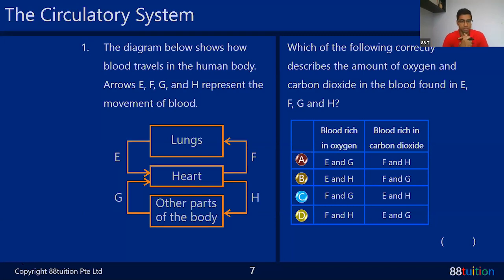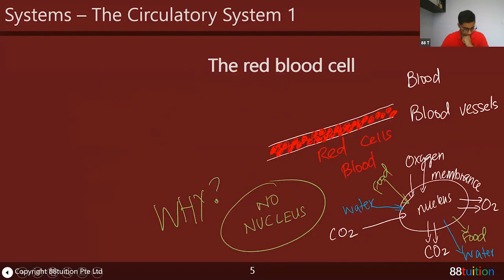This person asks, does nitrogen also go in and out through the red blood cells and lungs? So for the person who asked this question, you need to look at this slide. Look at the right bottom corner where the cell is.